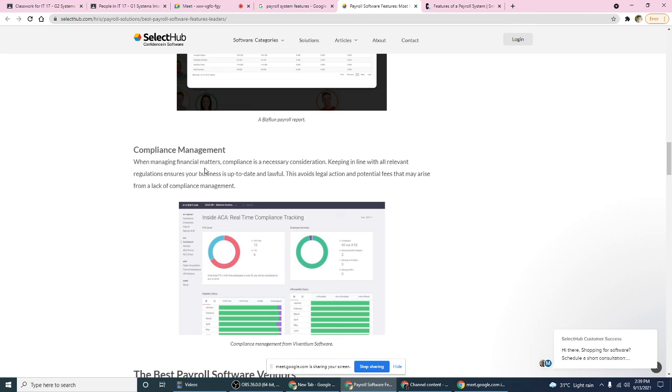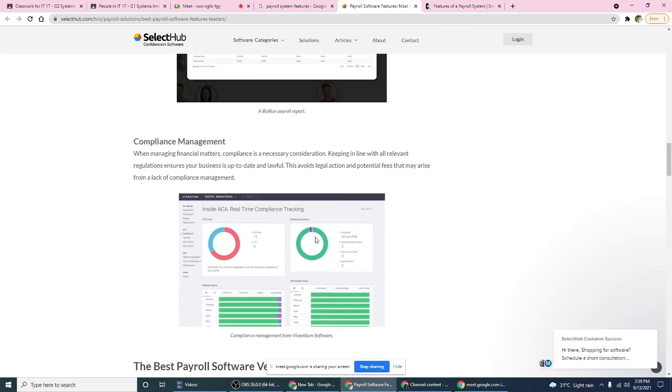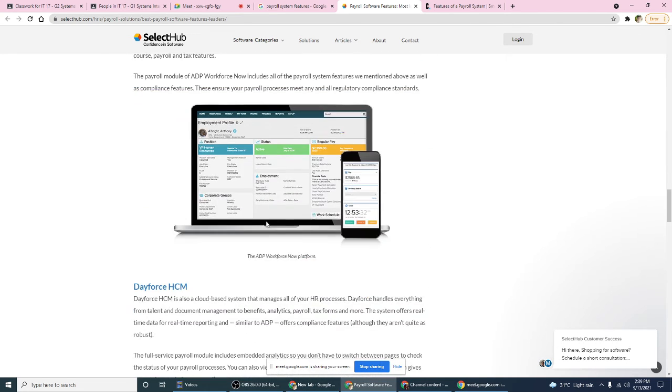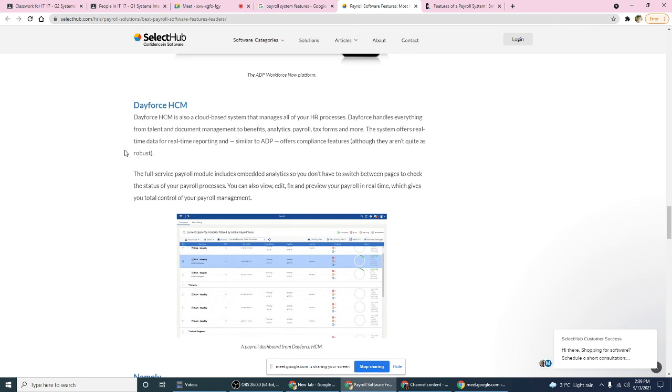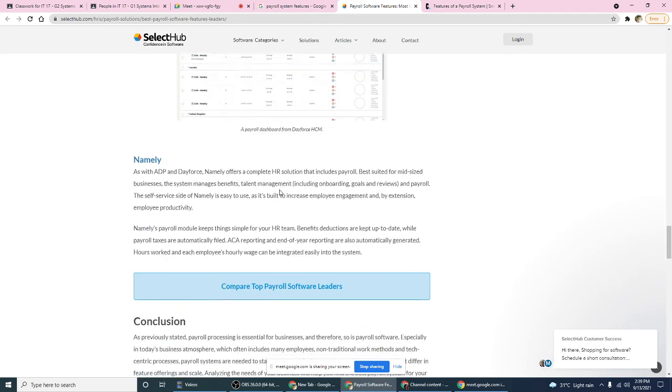When managing financial matters, compliance is a necessary consideration. This is more on the analysis part of the system. Reinforce HCM. So these are examples of the features.